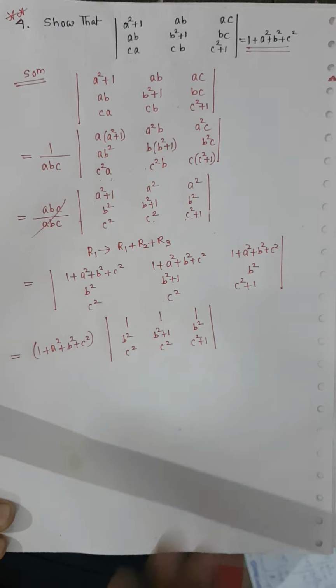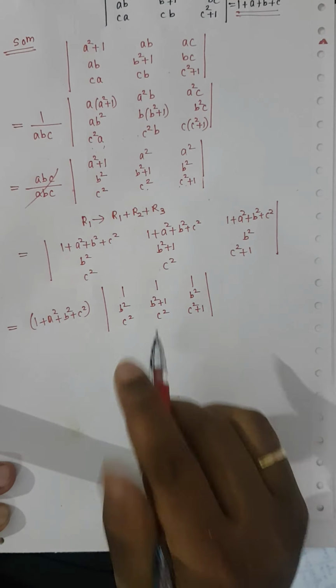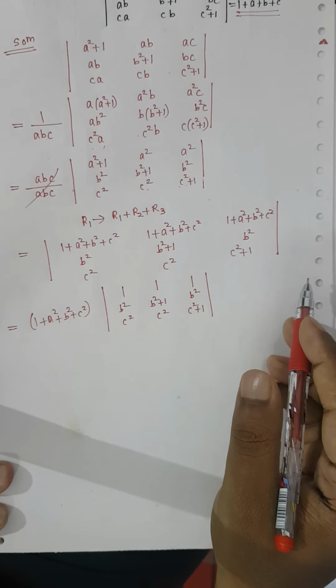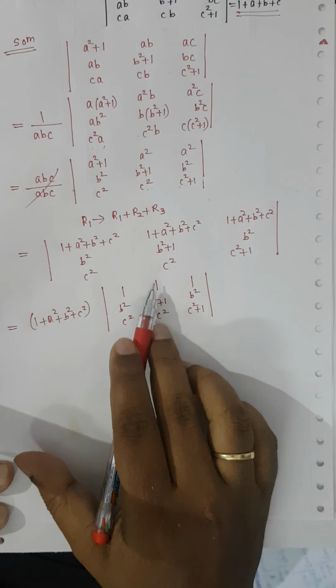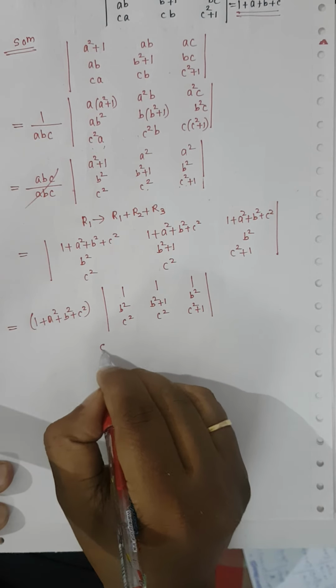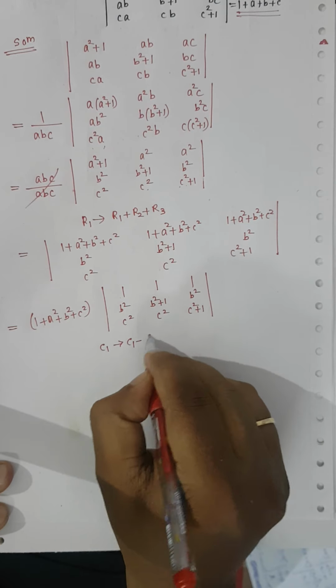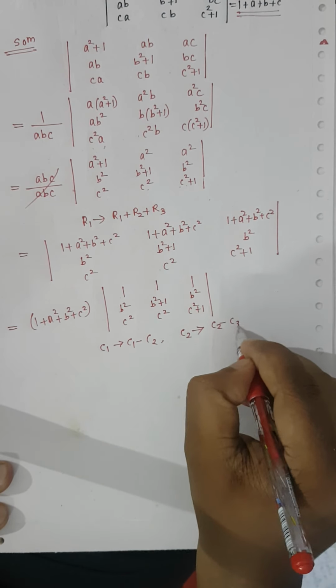To expand we try to make 0 in that row or column through which we'll expand. Now if I expand along row 1, I'll try to make the elements of row 1 zero. So I can write column 1 changes to column 1 minus column 2, and column 2 changes to column 2 minus column 3.